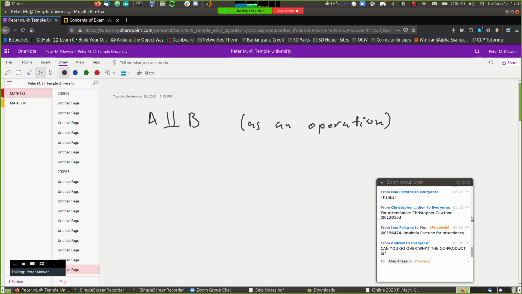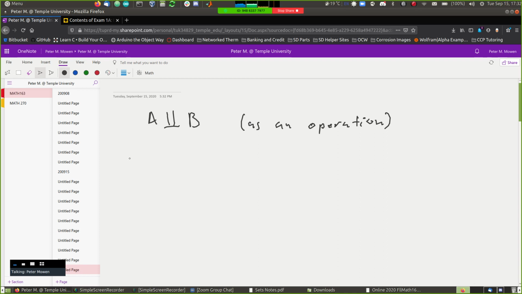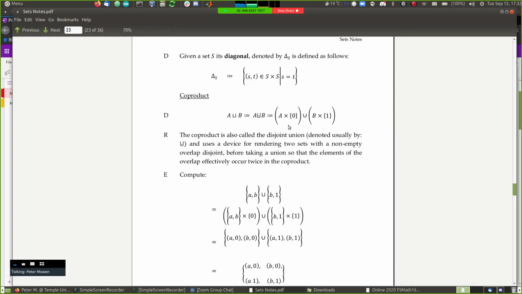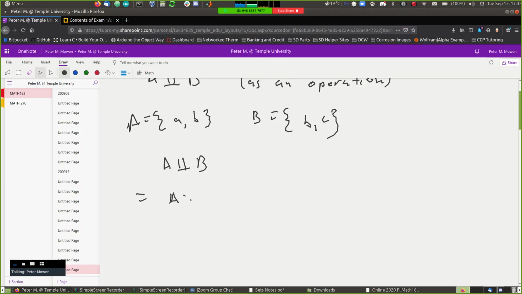Let's say, let me get rid of this. Let's say that A is equal to the set containing a and b, and B is equal to the set containing b and c. So if we did A coproduct B, using our definition of coproduct, that would be equal to A cross the set containing 0, union B cross the set containing 1.